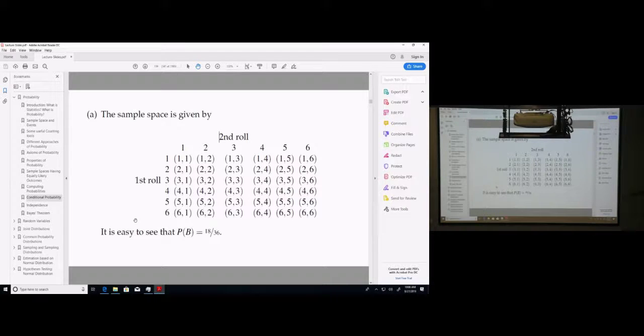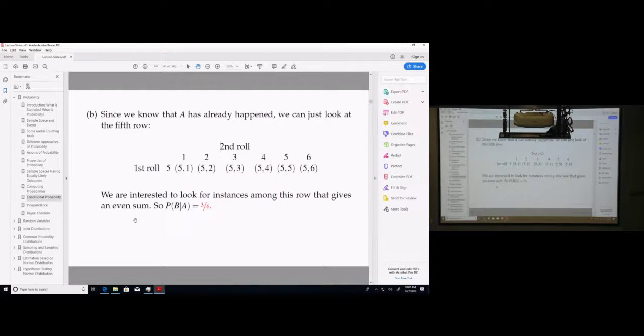But this is where the extra information helps us. We know something now. We know that the first roll is 5. If the first roll is 5, then the first 4 rows would not be possible, so we have to strike them out. And then the last row is also not possible, so we have to strike it out. As a result, we are left with this table only.